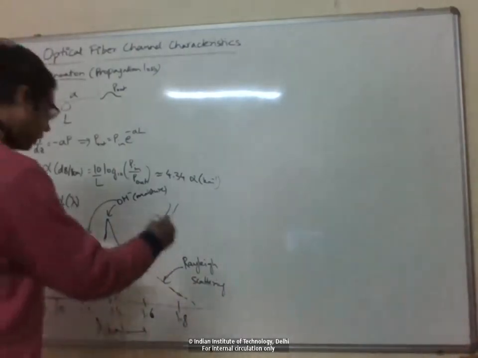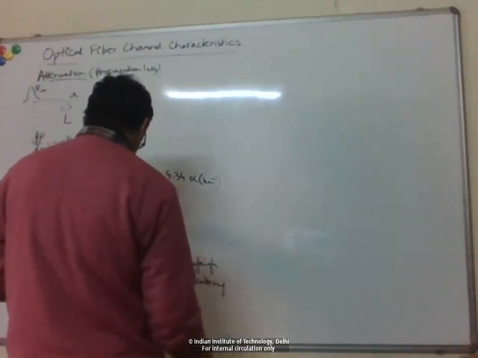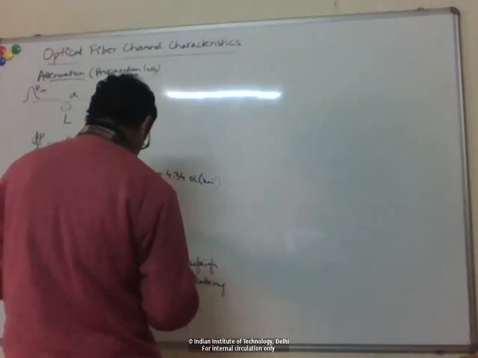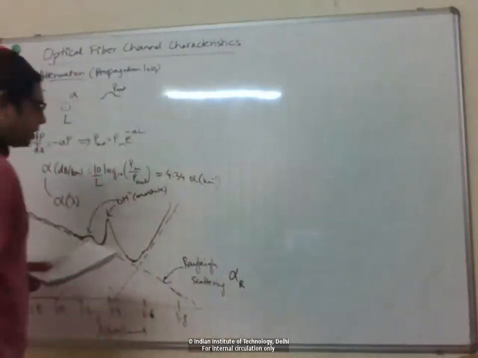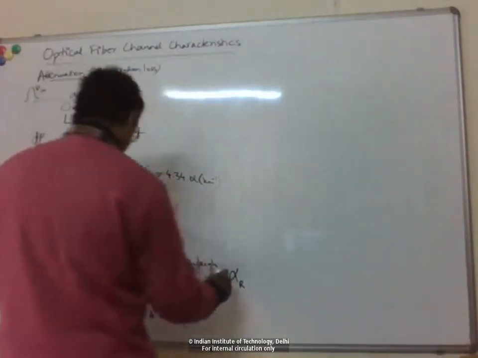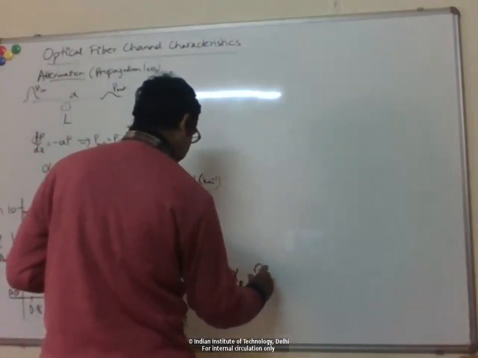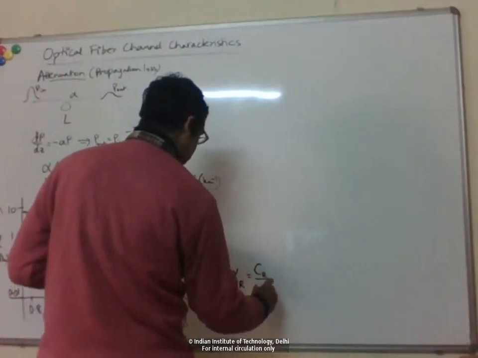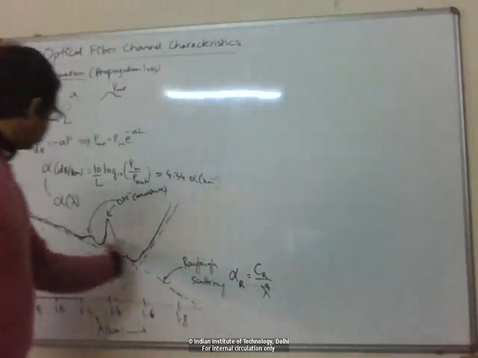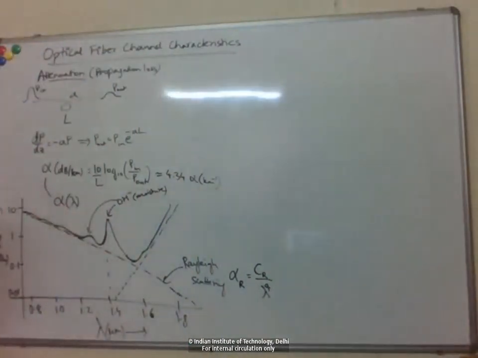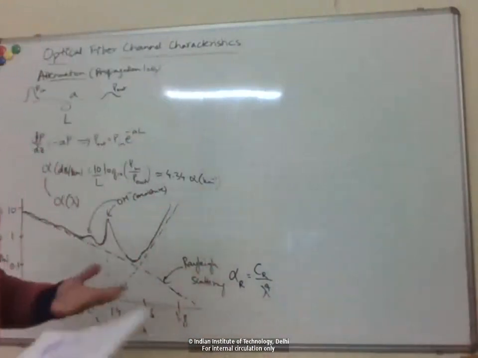This Rayleigh scattering scales with the fourth power of the wavelength. So the loss coefficient for Rayleigh scattering is some constant divided by the fourth power of the wavelength. Smaller wavelengths are scattered more.